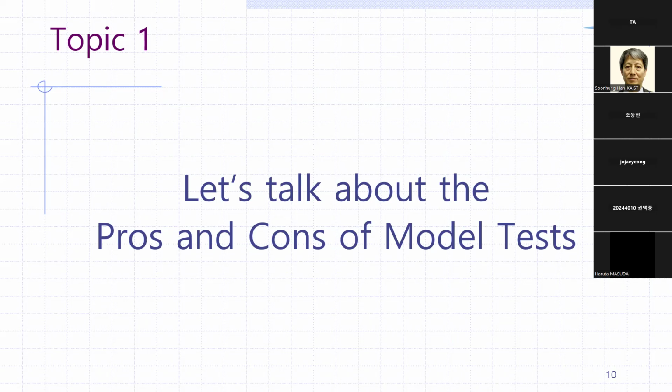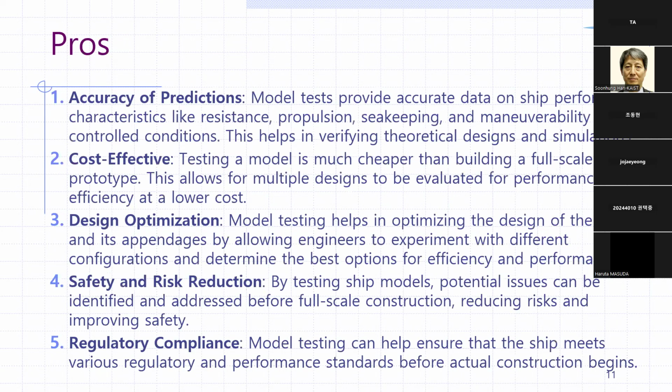Okay. So I prepared some possible answers. So for pros, the accuracy of prediction. So model tests, because people have developed very good methods to have accurate predictions. We can actually estimate the resistance of a real ship quite accurately by adjusting a lot of stuff.